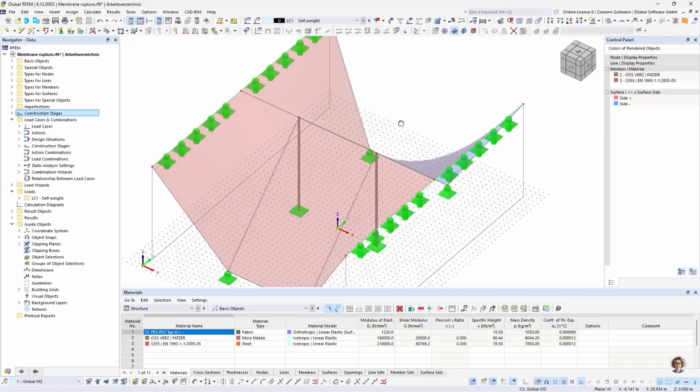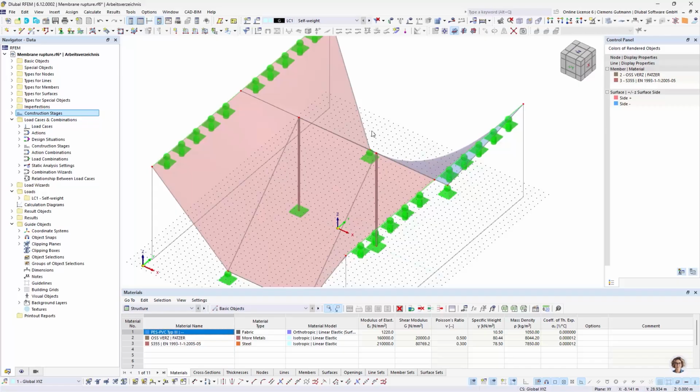So you do the form finding and you have a mesh that is used for the calculation, and then you get a result. And you cannot interact with this result and, for example, say, okay, I want to rip that calculation mesh open. So you have to do this beforehand.